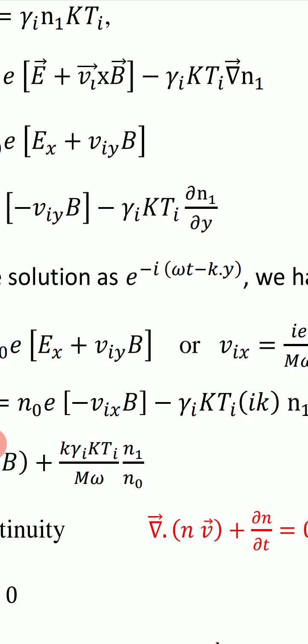And similarly in the last term we have minus gamma i KTi del n1, and del n1 will have y component as delta n1 upon delta y. Its x component is 0 because the wave is propagating along y-axis.